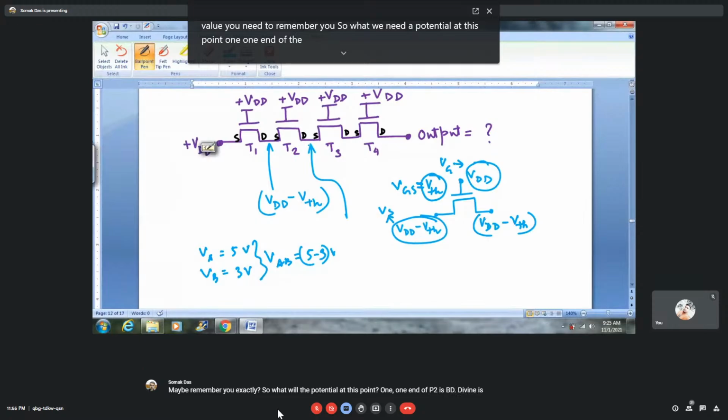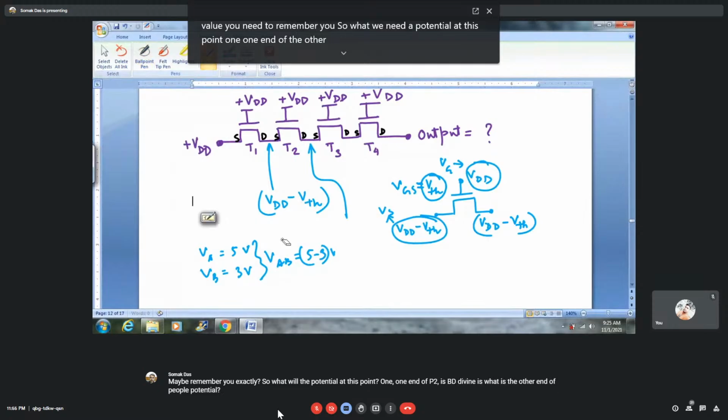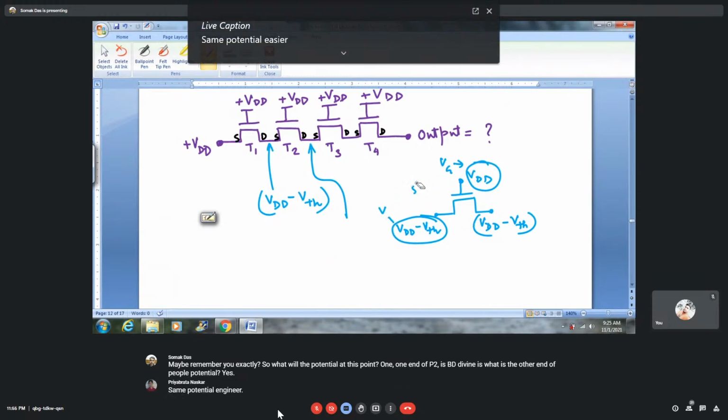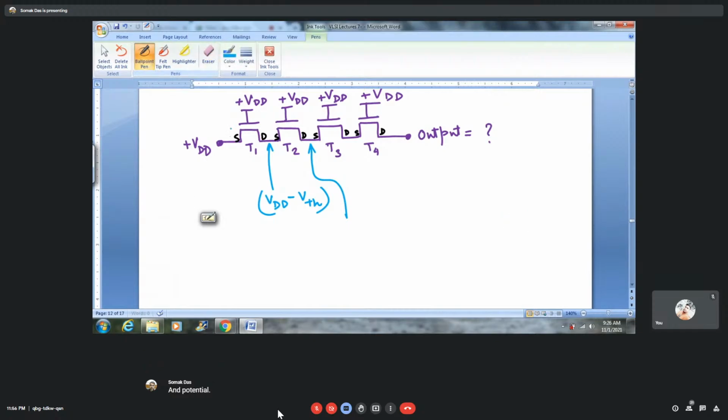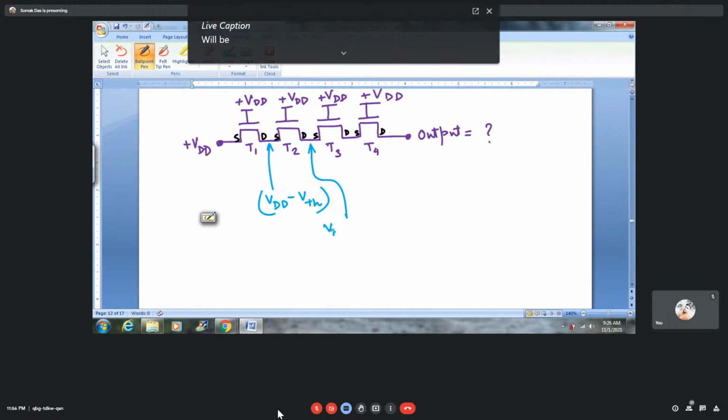What is the other end of T2 potential? Same potential will be there. So this will also be VDD minus VTH.